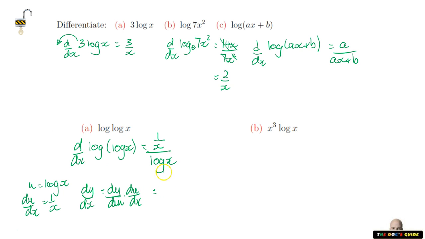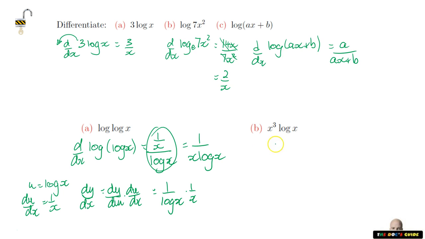So dy du is 1 on log of x, and we multiply that by du dx, which is 1 on x, and we get that. This top line, of course, is written most nicely like that.